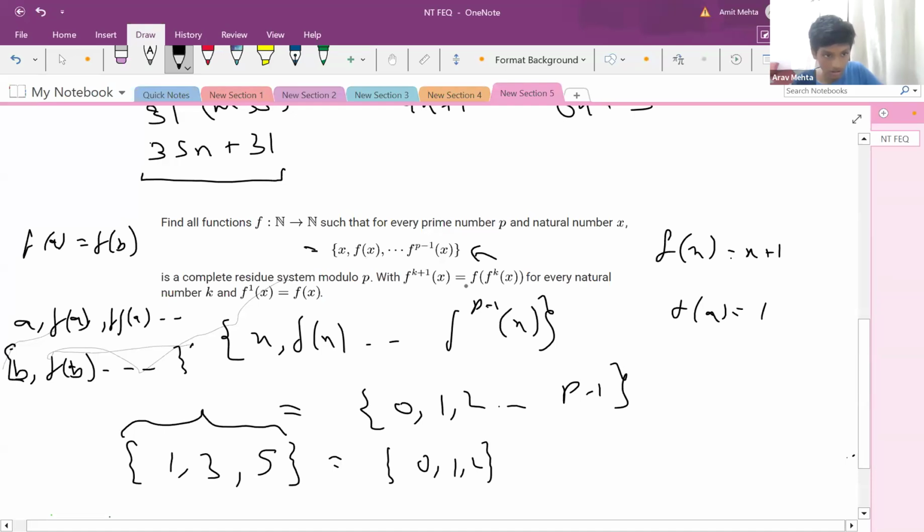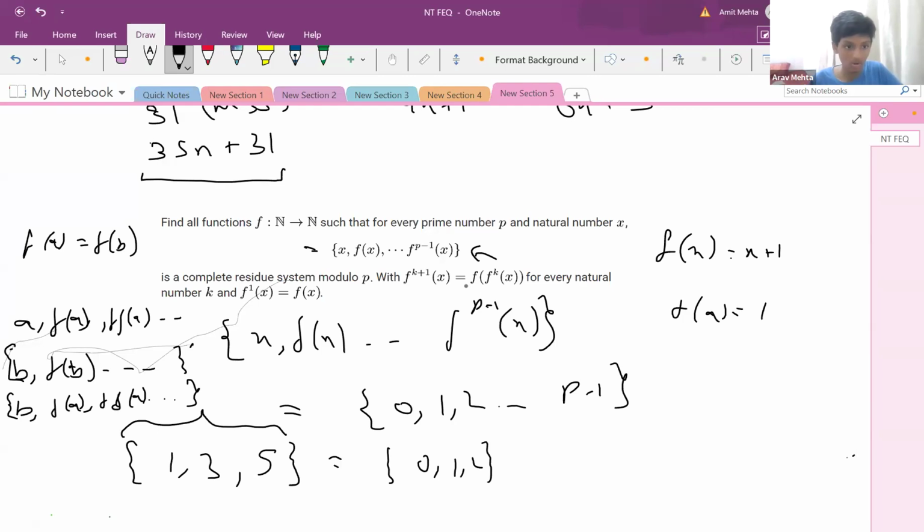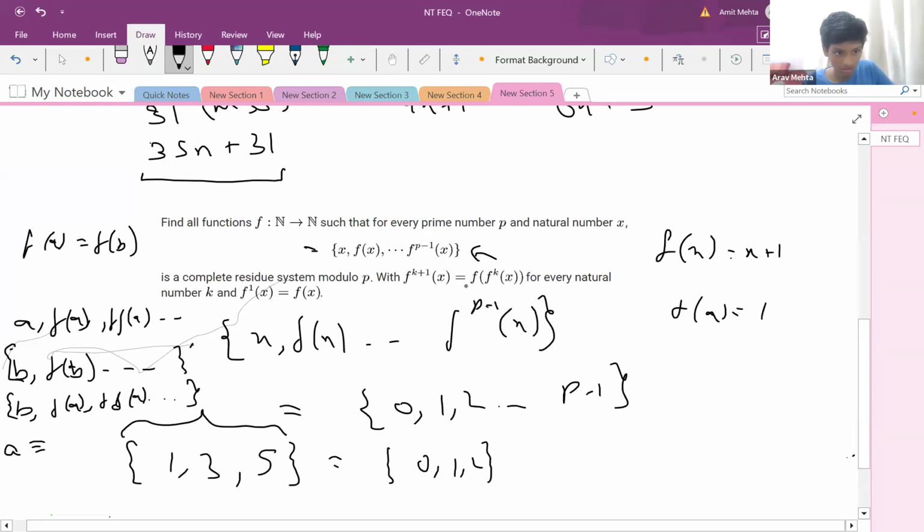This set is just b, f of b, and so on. And since these two sets are supposed to be equal, both of them take all remainders when divided by p, a must be congruent to b mod p. Is it clear why this happened?